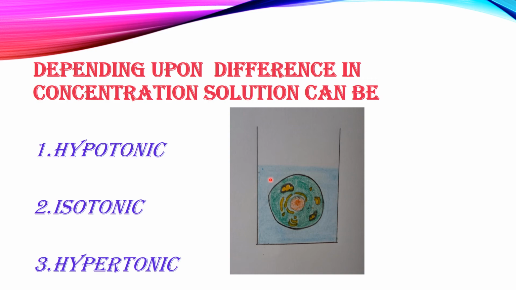Now the concentration of water is more inside the cell as compared to outside the cell. Then what will happen? The water will start moving out of the cell. Means more water will move outside from the cell to the outer environment as compared to the water moving inside the cell. Then what will happen? The cell will shrink. The cell will start shrinking.